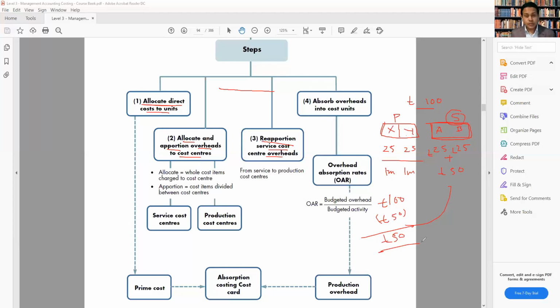So make sure you do some revision, and next week maybe we'll go a little bit faster. I advise all of you, if you can read a little bit in advance, that will help us to do the questions a bit faster and finish the chapter really quickly, because we have a certain limit. We have to complete the class maybe within 7 lessons. So we'll try to go a little bit faster. Maybe next week, if you do a little preparation, that will be helpful for all of us to do the questions faster.